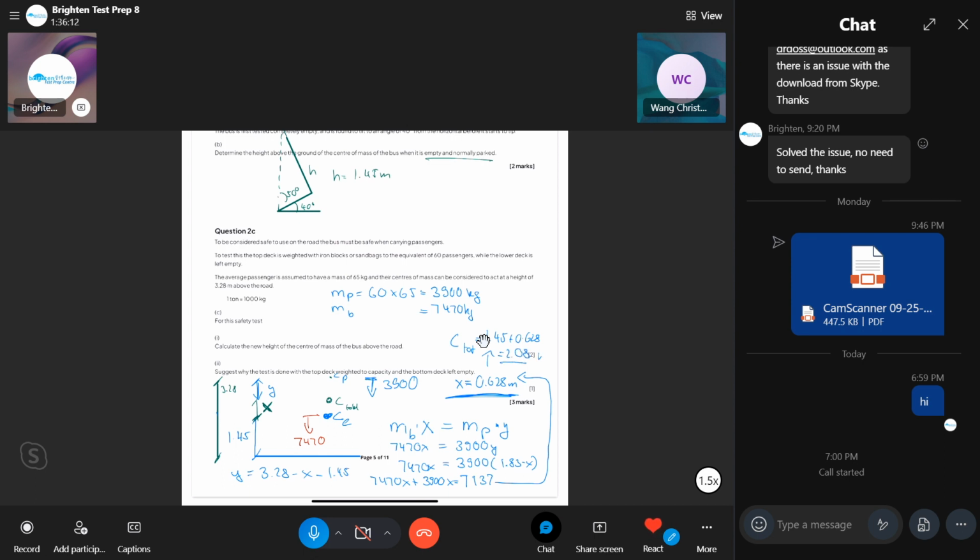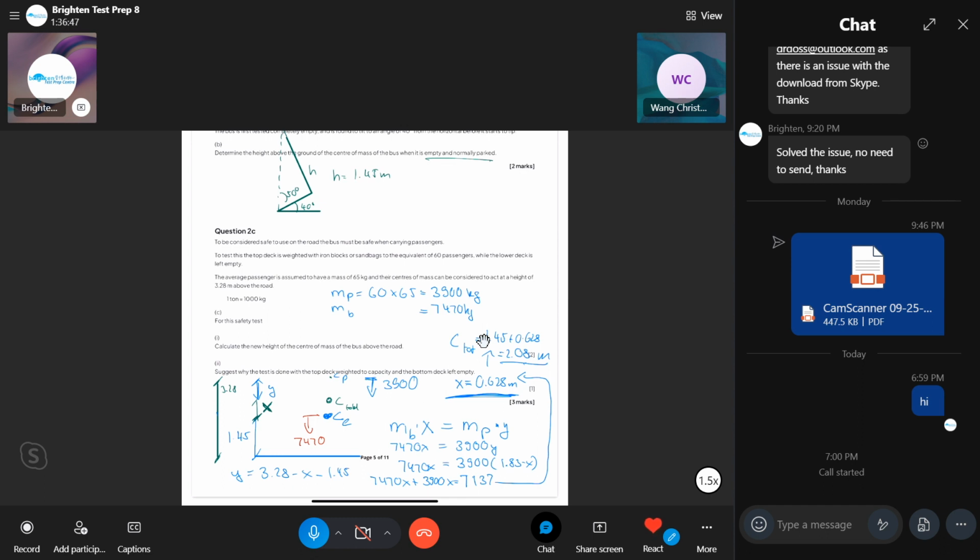Yeah, exactly. So we have a massive shift from the empty bus, from 1.45 to, well, 62 centimeters up. That's quite something. So over 2 meters actually. But on the other hand, you can say as well, it has been reduced from the center of gravity for the passengers alone by the amount of y down to the 2.08. So basically, this is 3.28, 2.08. It's like 1.2 meters.